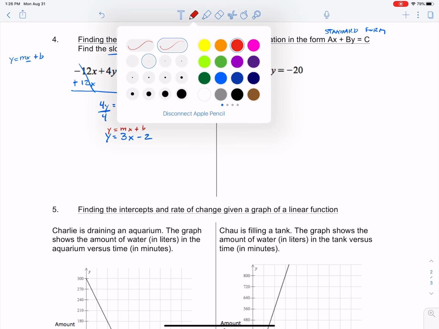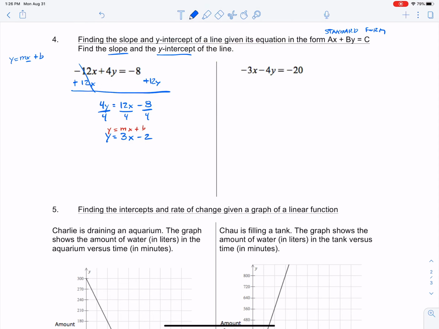Okay, so it asked us to find our slope. My slope is m, the letter m. Remember, that's saying m times x, so the m is technically by itself. So my slope m equals 3, or 3 over 1, same thing. And then my y-intercept is my b, which equals negative 2.